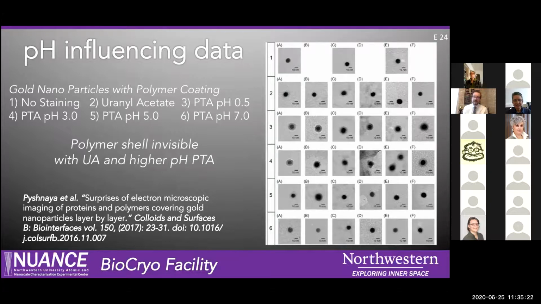And you can see in 3, 4, 5, and 6 that as they increase pH to a more neutral environment, you no longer see the structure that you wanted to see. So again, it's going to take a lot of experimentation to figure out the optimal condition for your specific sample.